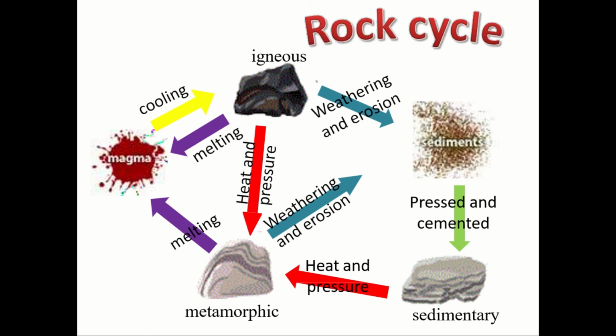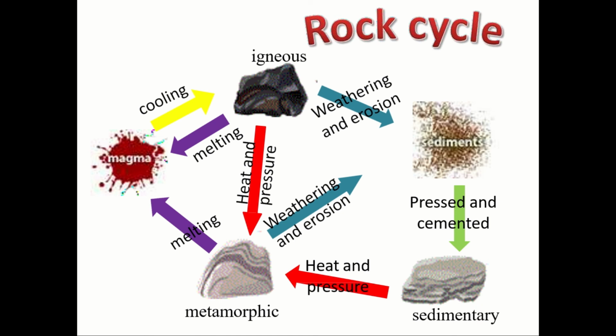So, here is the rock cycle. We have encountered it last time, right? So, let's see. How is this rock cycle? First, we start from our magma and our lava. As it cools, now it forms into our igneous rock. So, the igneous rock, once subjected to weathering and erosion, will be broken and turned into sediments.